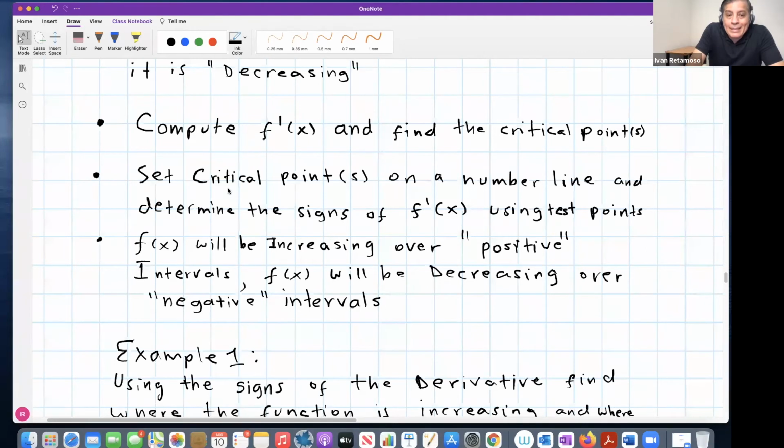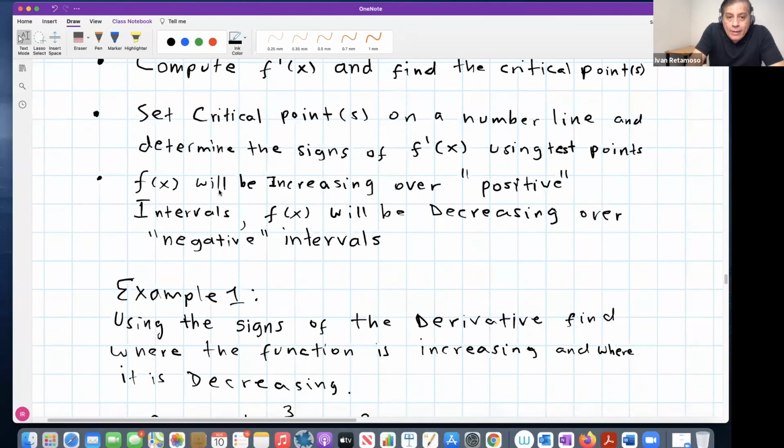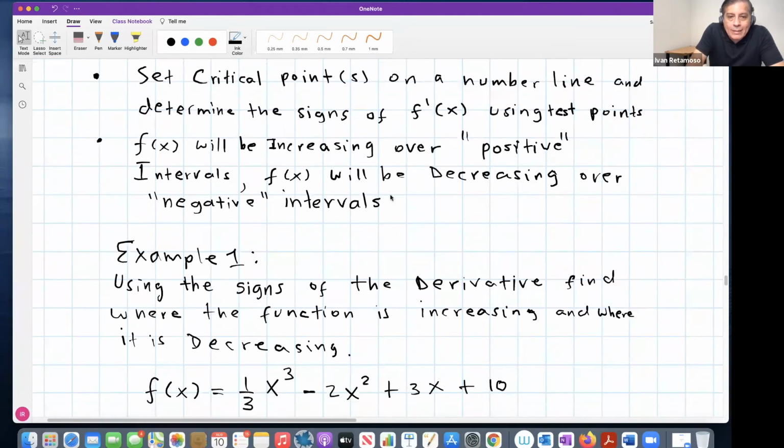Step two, set critical points on a number line and determine the signs of the derivative f prime of x using test points. Step three, f of x will be increasing over positive intervals, positive between quotations. I will explain to you what that means. And f of x will be decreasing over the negative intervals, between quotations also negative. I will explain to you how that works.